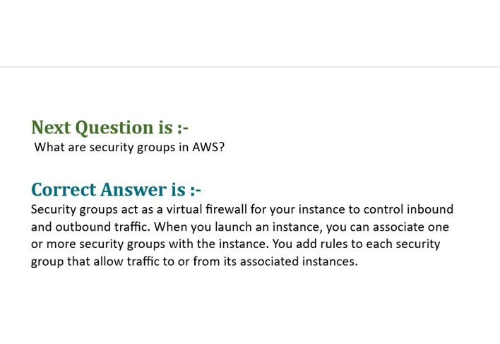When you launch an instance, you can associate one or more security groups with the instance. You add rules to each security group that allow traffic to or from its associated instances.